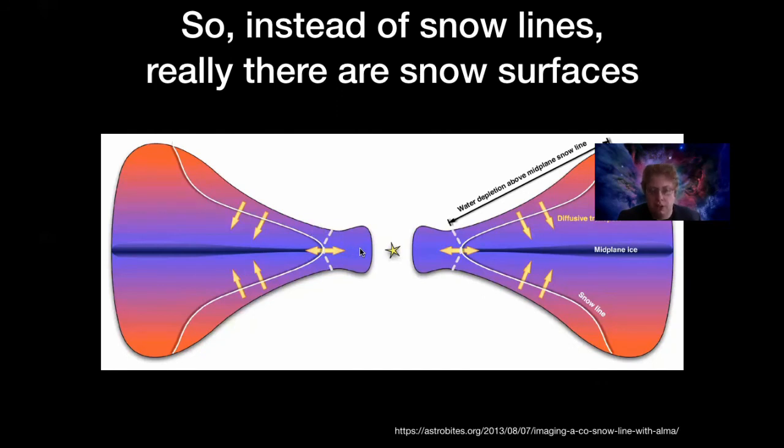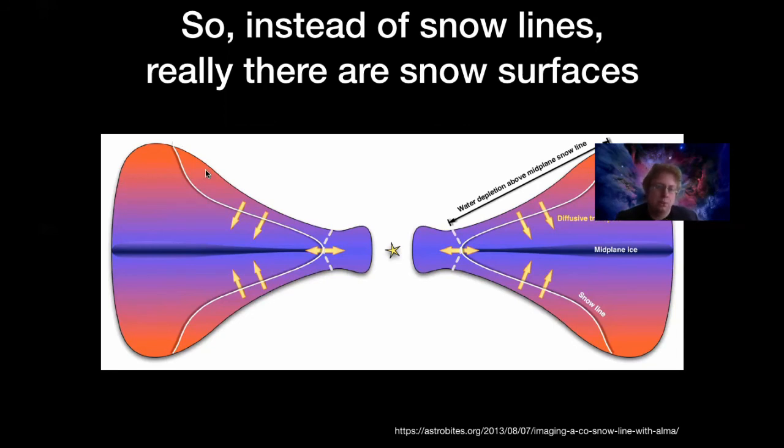There's a lot of gas and dust very close to the center of this disk. As more light is blocked right along the midplane, the cooler regions are going to be closer to the star, so snow lines are going to be closer to the star in the midplane than they are further out. Up here, where there's really not that much dust or gas blocking the light from the star, this material is going to be hot. So even though it's much further away from the star than this material over here, it will still be in gaseous form.